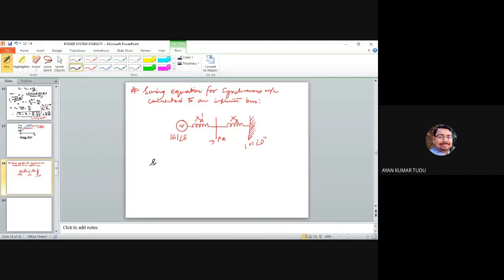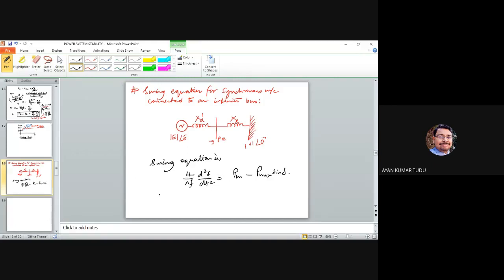The swing equation is H by pi f d2 delta by dt square equal to Pm minus Pmax sine delta. Please remember that what we have written here are per unit values. All the quantities except obviously delta are expressed in per units, and delta is expressed in radians or in degrees.